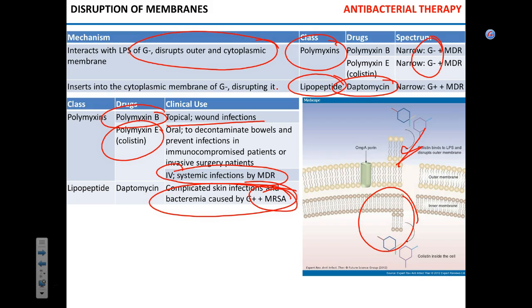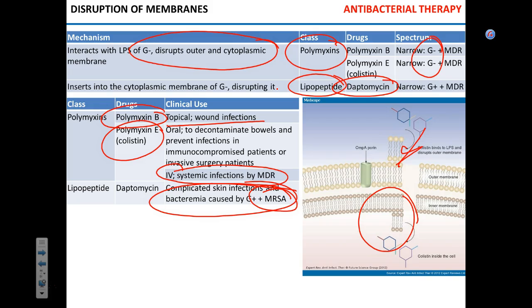So what you have to understand on these guys: the mechanism, of course, is disruption of the membranes for colistin, polymyxin B, and daptomycin. And the reason why these antibiotics are used for topical treatments mostly is because they have high toxicity for humans, a high level of side effects.